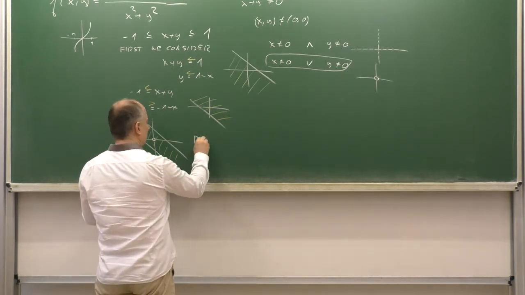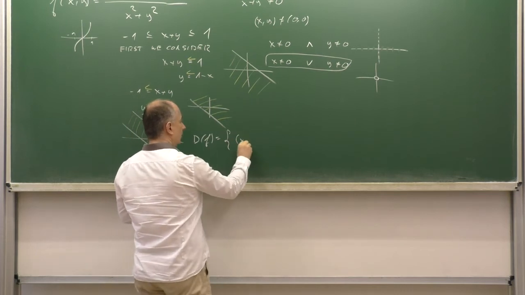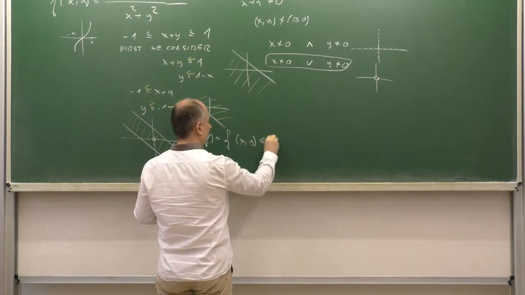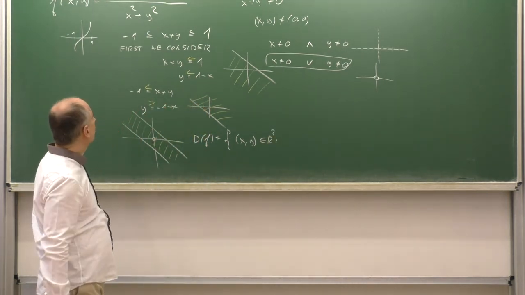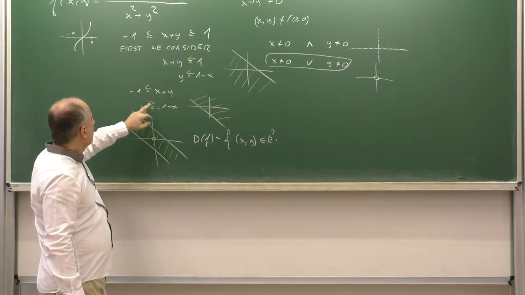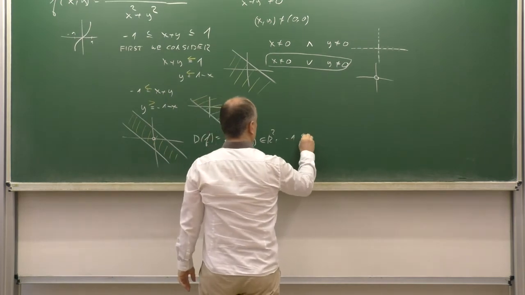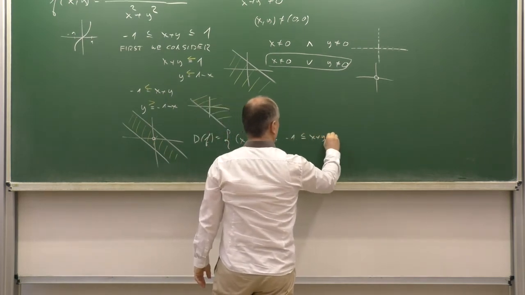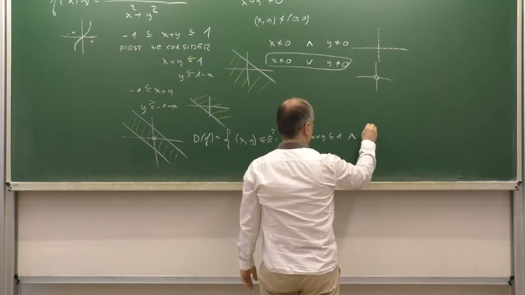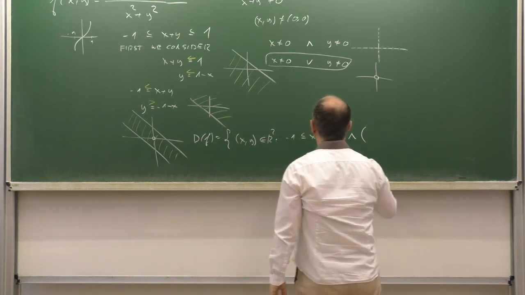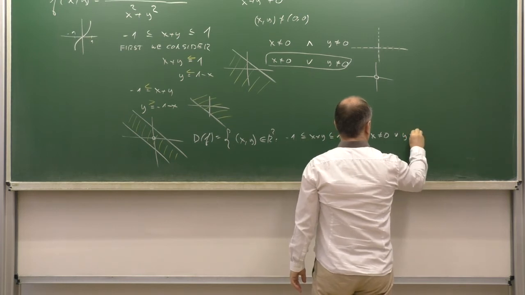Well, and to write it down, the domain of f is the set of all points (x, y) from R2 such that -1 is less than or equal to x plus y is less than or equal to 1, and x is different from 0 or y is different from 0.